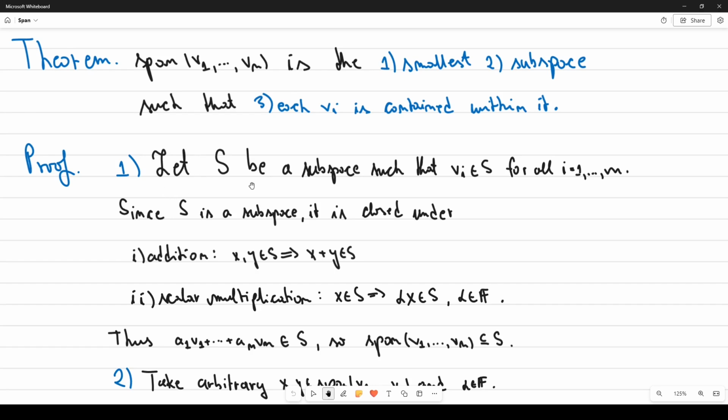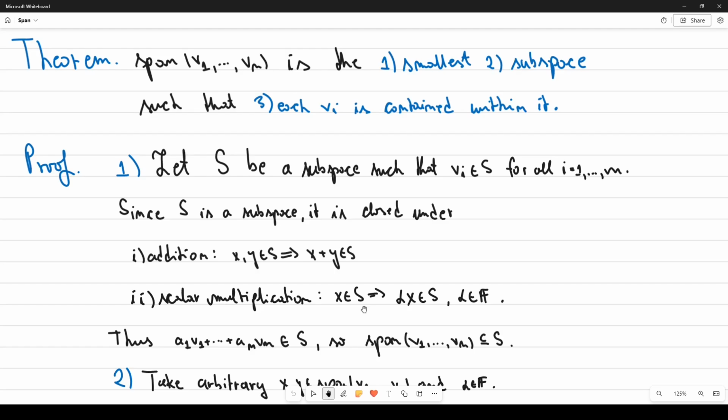Let S be a subspace such that it contains all of the vectors vi. Now, since S is a subspace, by definition, it is closed under addition. So if I've got some vectors x, y, I know that x plus y is in S. And it is closed under scalar multiplication.